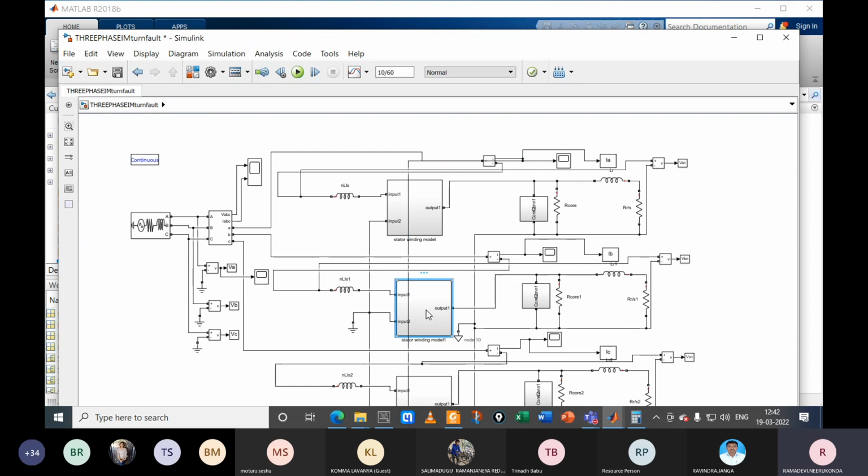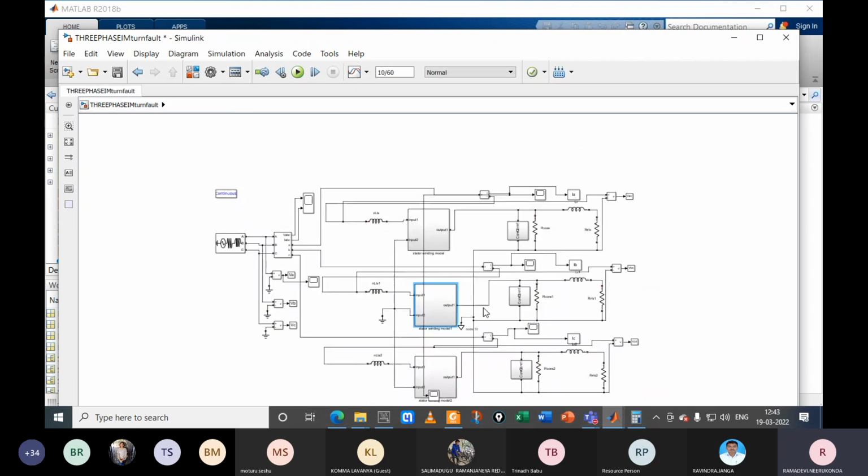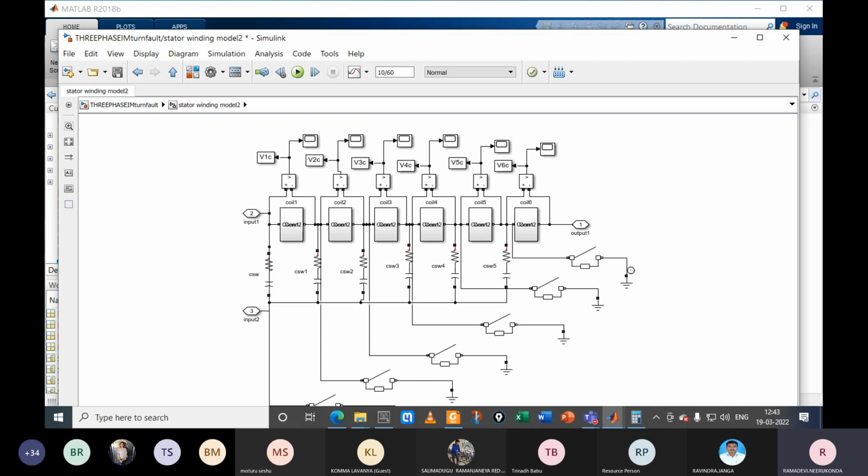The other faults we represent are line to ground. We created the line-to-ground faults like this. This is one coil, that coil to ground. The sixth coil is the end to the neutral point. So one coil to ground fault, two coils to ground fault, like that we are representing the coil-to-ground faults.